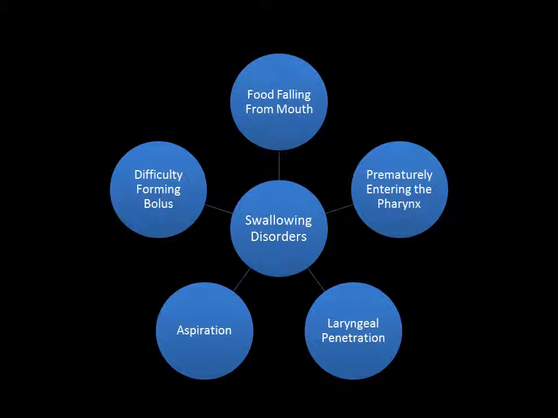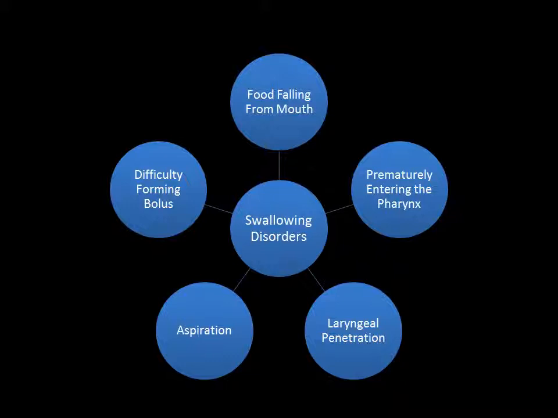So a diagnosis of dysphagia indicates that there's an impaired efficiency of the bolus transmitting from the oral cavity away through the esophagus into the stomach. So there's a breakdown somewhere in the swallow.